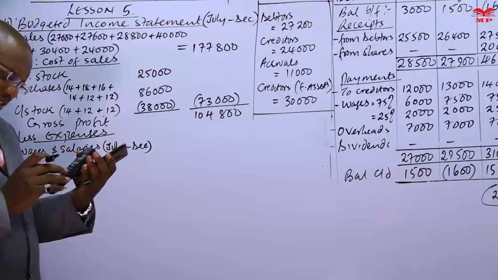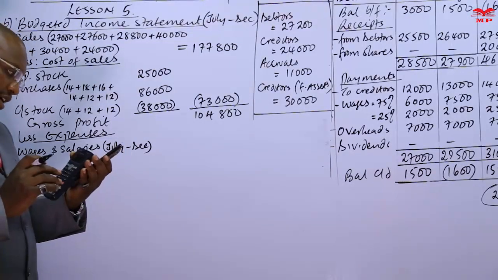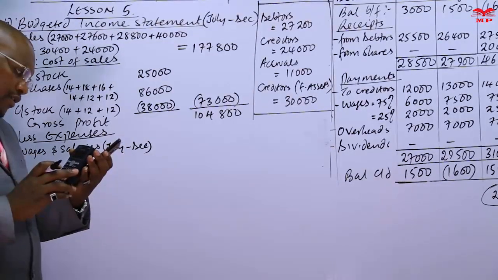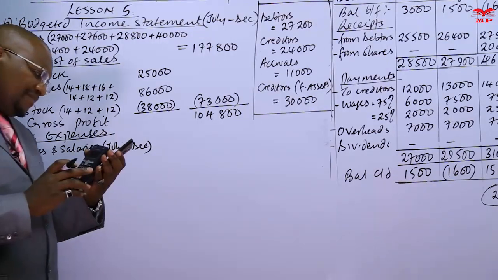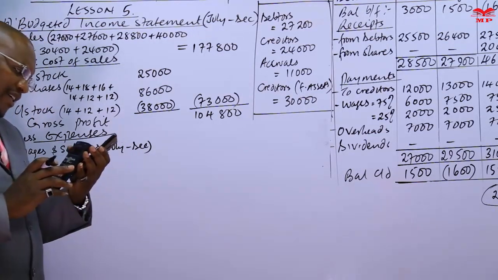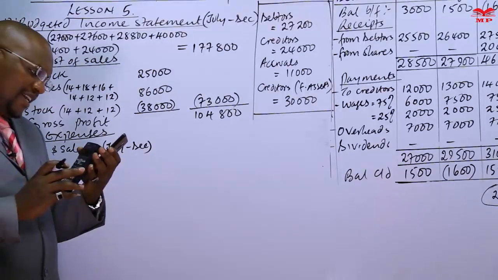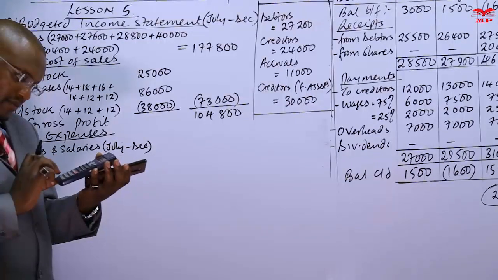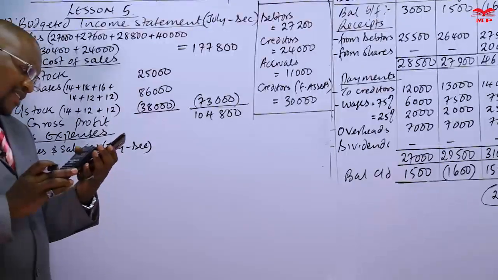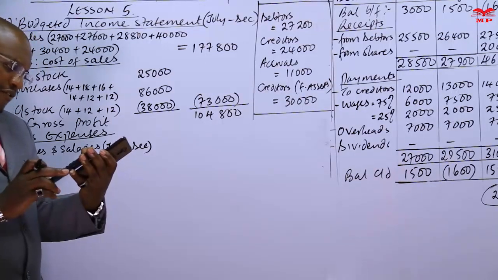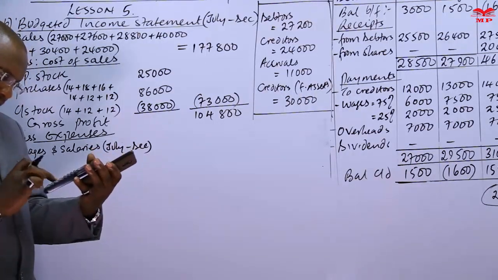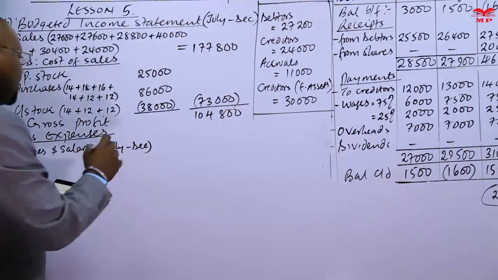July 8,000, August 10,000, September 10, October 10, that is already 30, plus November and December is 12, which is 24. This will give you 62,000.